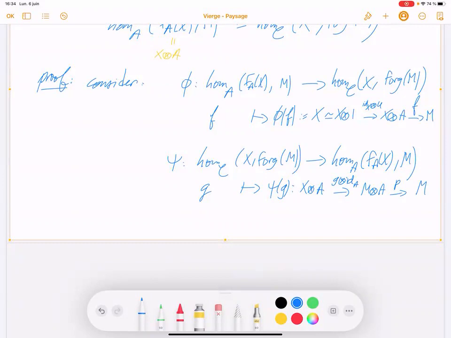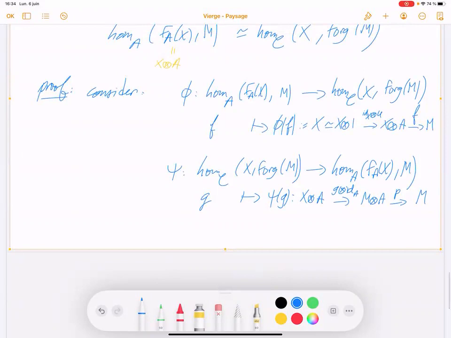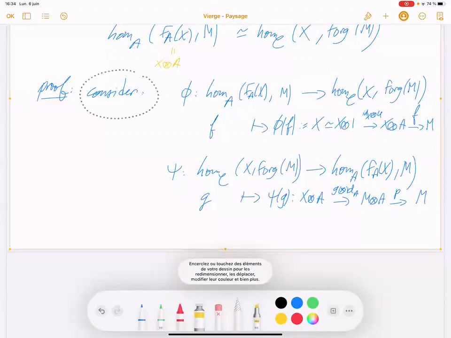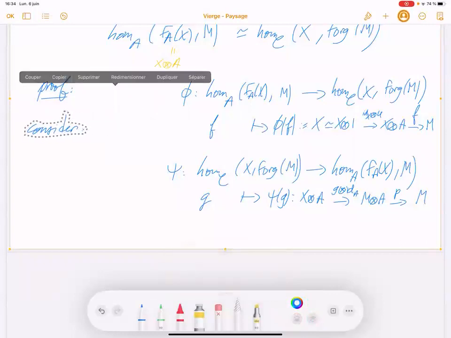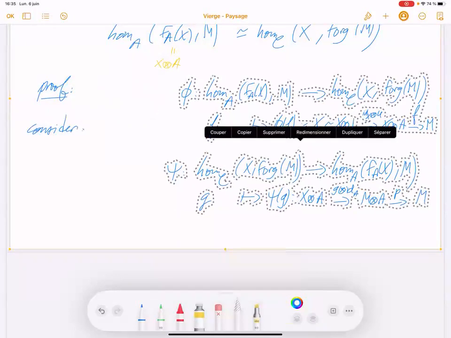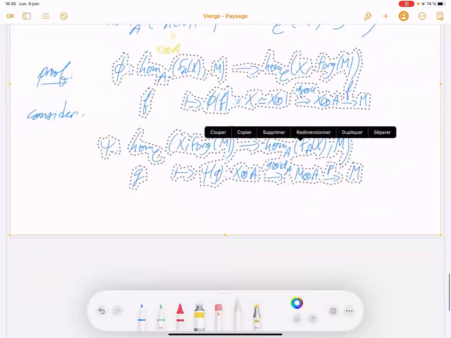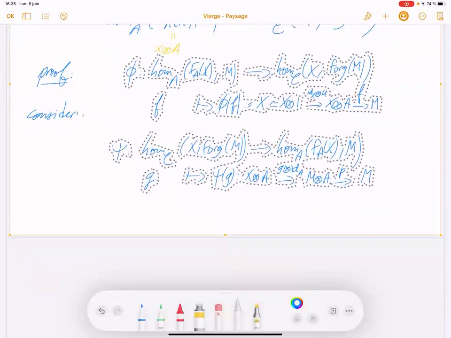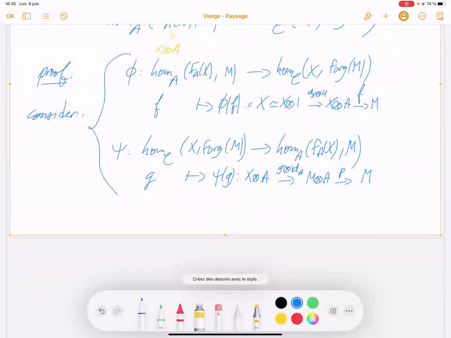And so these two functions are inverse of each other. So check that.